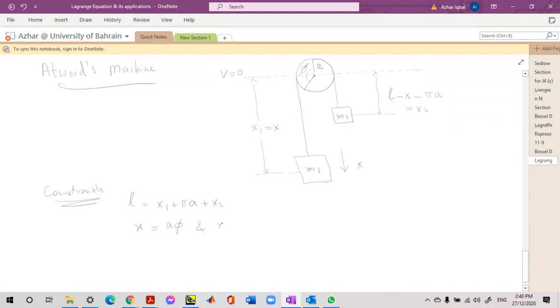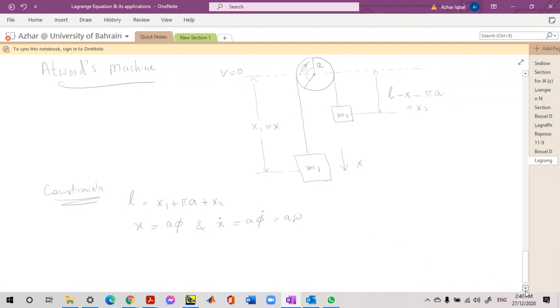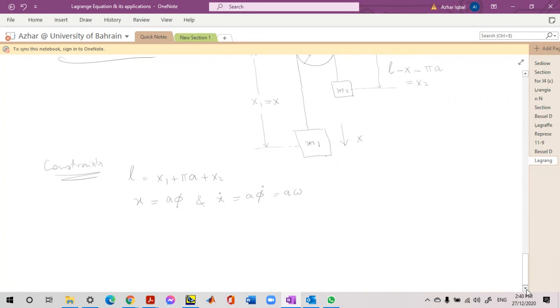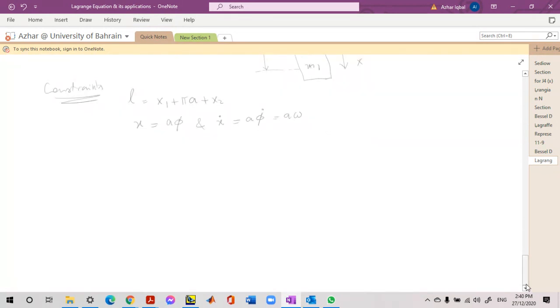So the velocity of that weight will be a phi dot, which can be written as a omega, the angular rotational speed, and phi of course is given in radians.